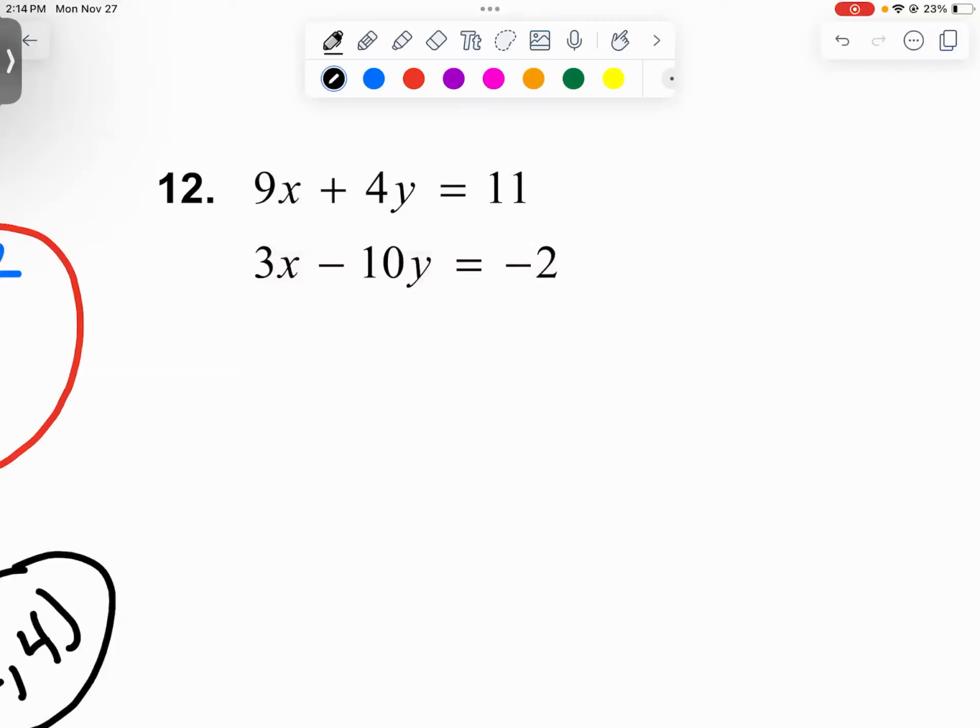I got 34. Fractions are our friends. Fractions are not our friends.